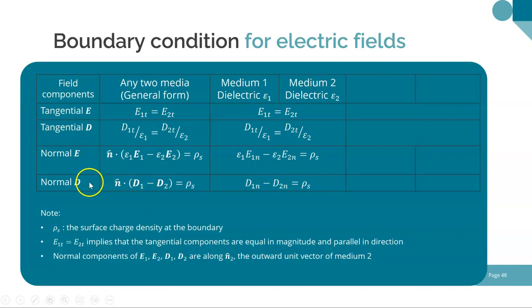And then for normal E and normal D, for medium 1 and medium 2, you will have permittivity 1, E1N, minus permittivity 2, E2N, which is equal to rho S. So rho S here is the surface charge density at the boundary. And for normal D, you'll have D1N minus D2N, which is equal to rho S, the surface charge density.